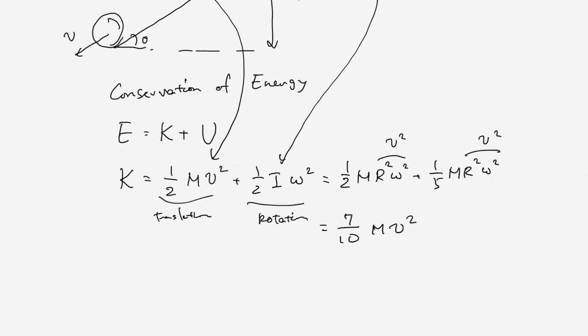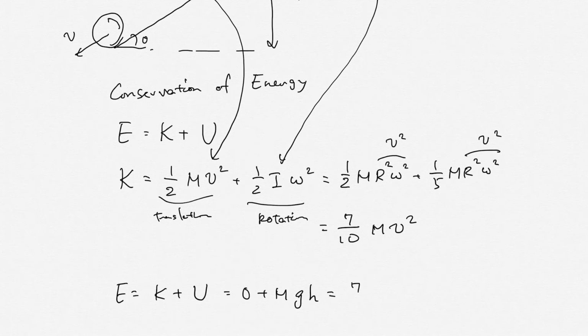So you could use the energy conservation. At the highest point, actually kinetic energy is 0. K plus U, at the highest point, K is 0 plus mgh. At the lowest point, U is 0, but we have a kinetic energy.